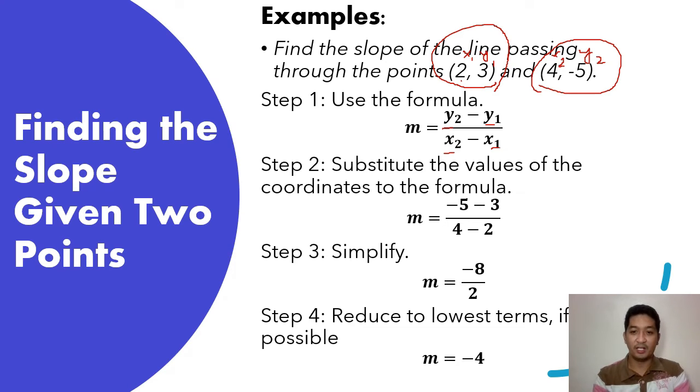So you have negative 8 over 2, since negative 5 minus 3 is negative 8, and 4 minus 2 is 2. Then reduce it to lowest terms if possible. So m is equal to negative 4. How did we get that? Negative 8 divided by 2 is negative 4. So that's how you find the slope of a line. Okay?